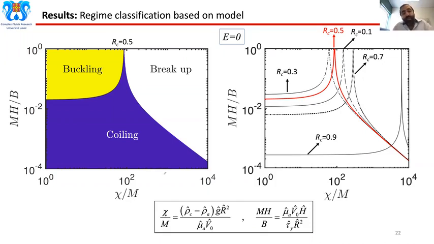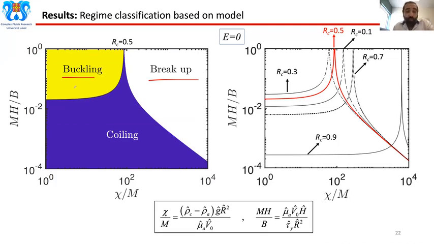So here what we can observe is that at large values of this value, we are observing a breakup regime. This corresponds to large buoyancy, a small viscosity ratio, and a small injection rate. On the other hand, at small values of chi over M, we are looking at the buckling regime. These lines are coming from the model, obviously.